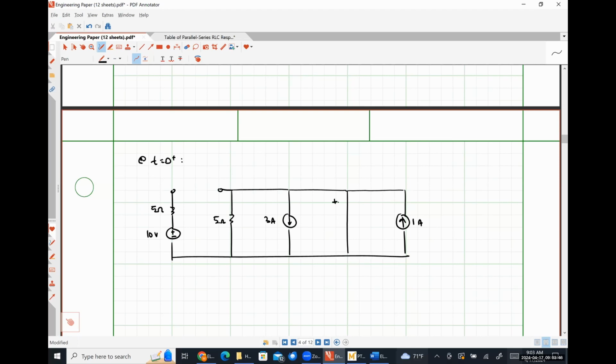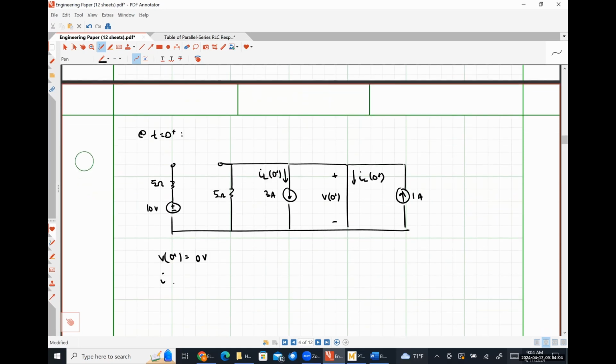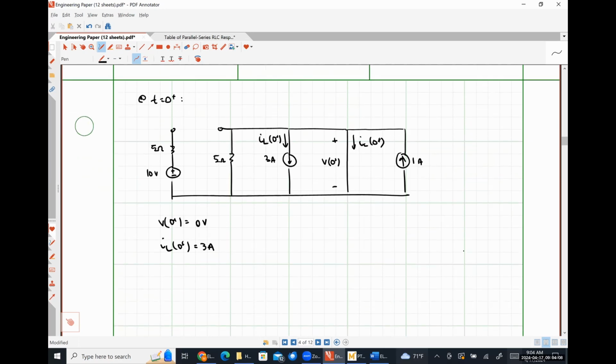So let's just label some things here. So here's V at 0 plus, IC at 0 plus, IL at 0 plus. So V at 0 plus is still 0 volts because it has to be. IL at 0 plus is still 3 amps because it has to be.